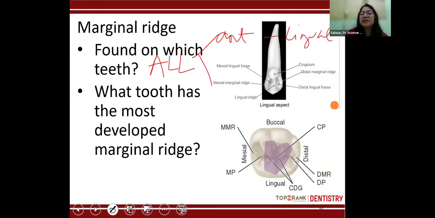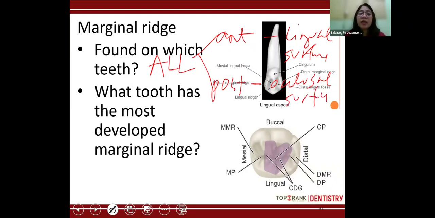Lingual surface. While on posterior, you could find it on the occlusal surface. Tama? Mesially at distally. So meron tayong mesial at distal marginal ridge. Now, question. What tooth has the most developed marginal ridge?